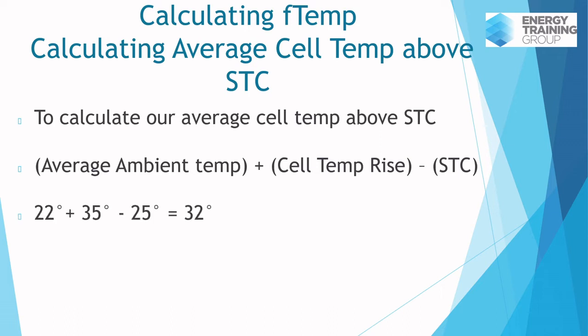In this problem, we assumed an average ambient temperature of 22 degrees. Our array was flush mounted, so we add 35 degrees, and then we minus 25. So we can see that we're going to assume that our panel is on average 32 degrees hotter than standard test conditions. That's what we'll use to calculate our temp loss.